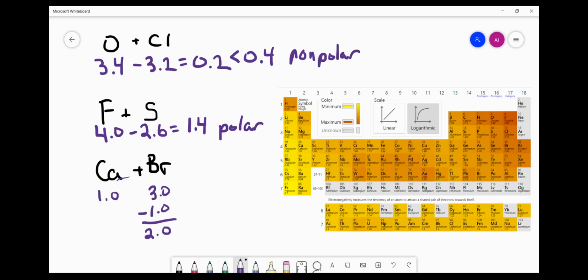So if the electronegativity difference is greater than 1.7, it means that the more electronegative element has such a strong pull that it can take that electron away from the less electronegative or more electropositive element. And we end up creating ions because one atom has gained an electron and one has lost one. And when ions attract each other, we have ionic bonds.